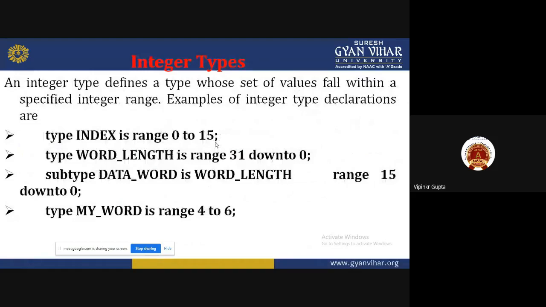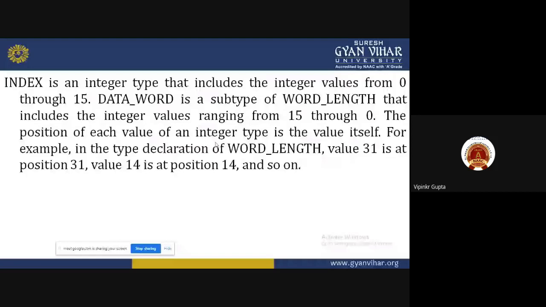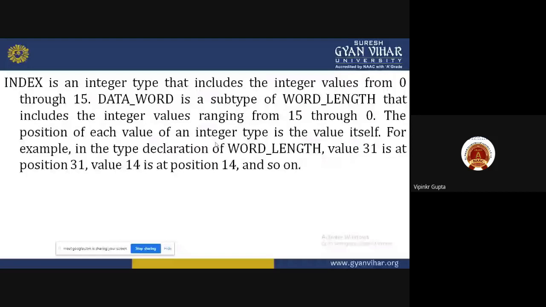So index is an integer type that includes the integer values from 0 to 15. Data word is a subtype of word length that includes the integer values ranging from 15 through 0. The position of each value of an integer type is the value itself.